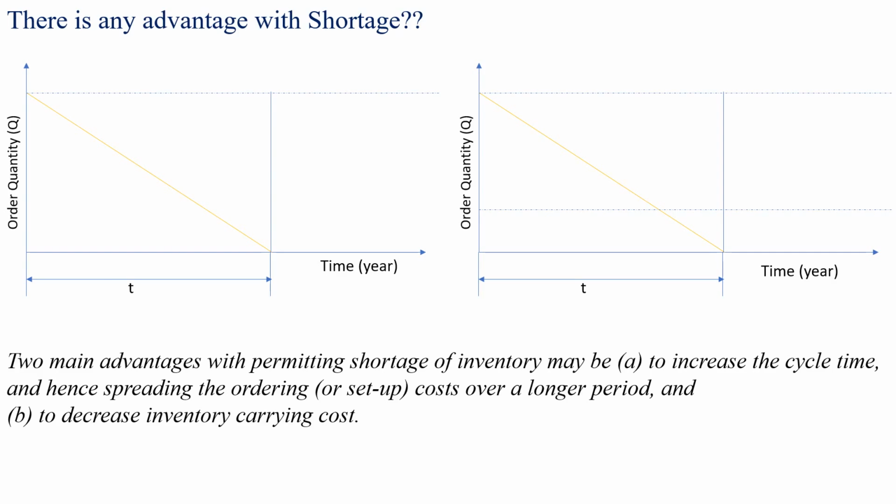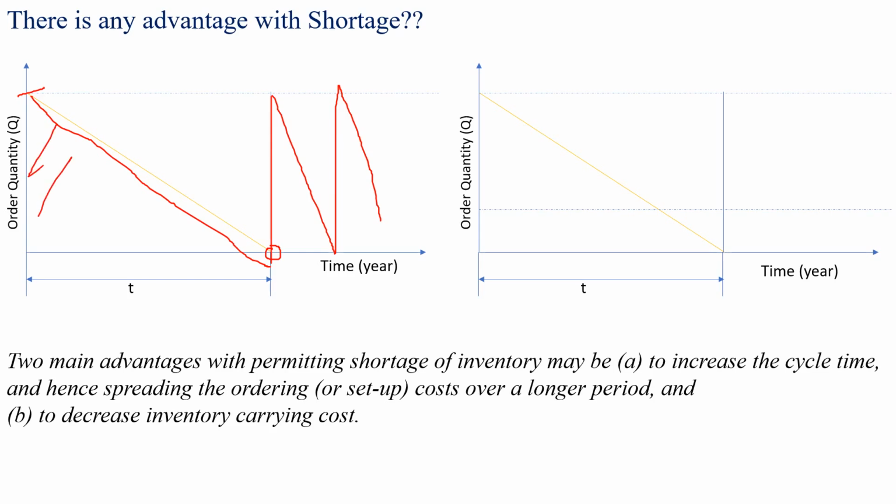In this condition, at the starting of the cycle, we receive the order quantity Q instantly, and it is consumed gradually until it becomes 0. Then once again we build up the inventory, it is consumed and becomes 0 again, and it is a repeated cycle.